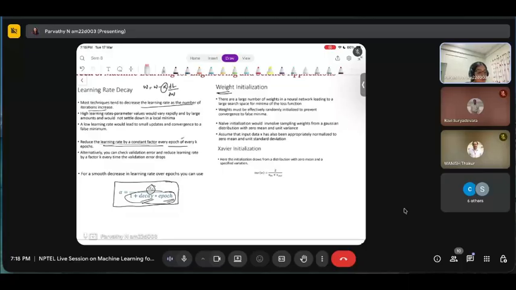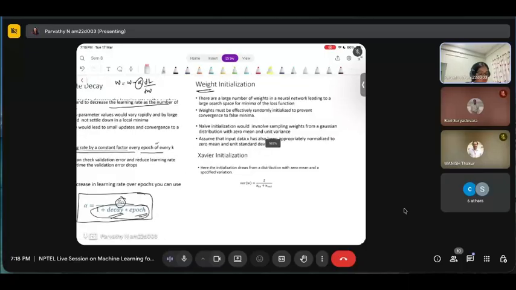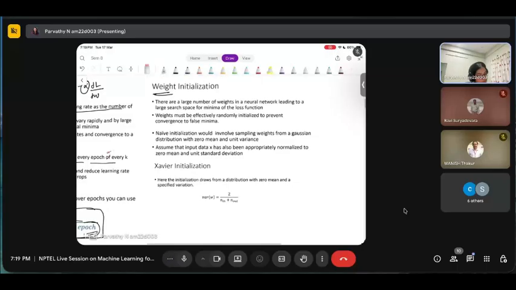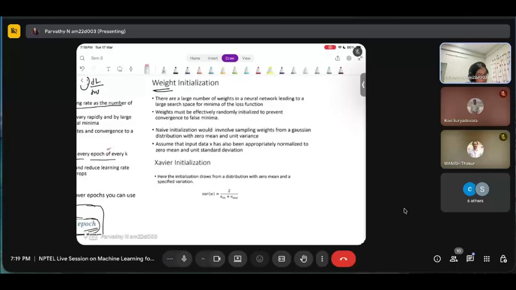We also need to normalize the inputs to have zero mean and unit variance. Assume that the input x has been appropriately normalized to zero mean and standard deviation.